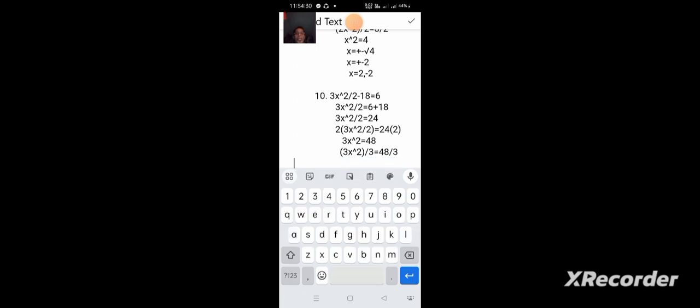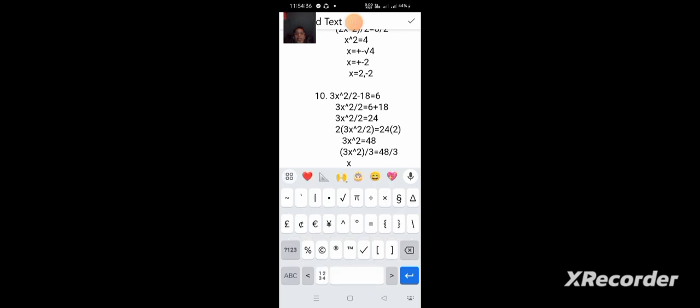So cancelling out 3 on the left side of the equation becomes x raised to 2 is equal to 48 divided by 3, which is 16.